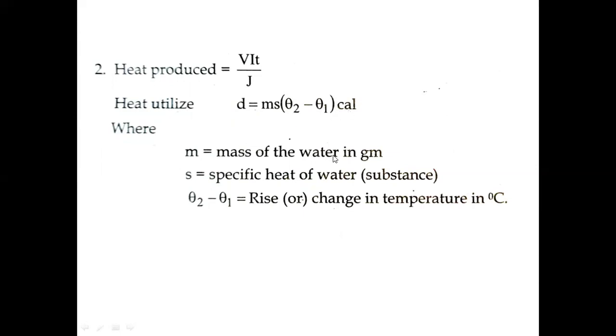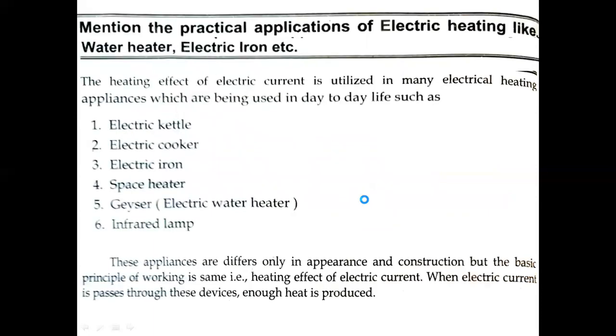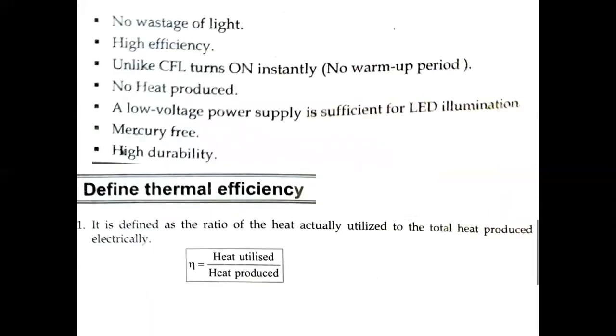M is the mass of the water in grams, S is the specific heat of water, and theta 2 minus theta 1 is the rise or change in temperature in degrees centigrade. So just note down this definition, that is sufficient for you. Heat utilized by heat produced gives you thermal efficiency.